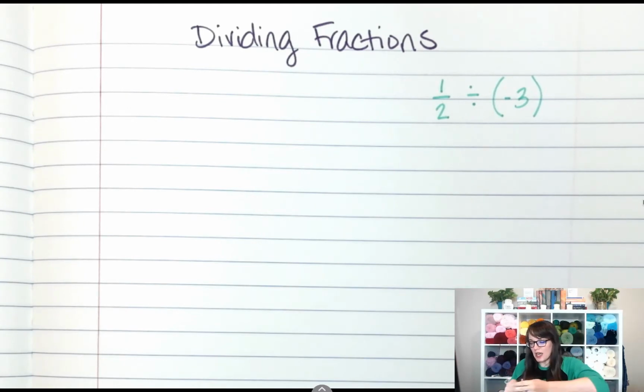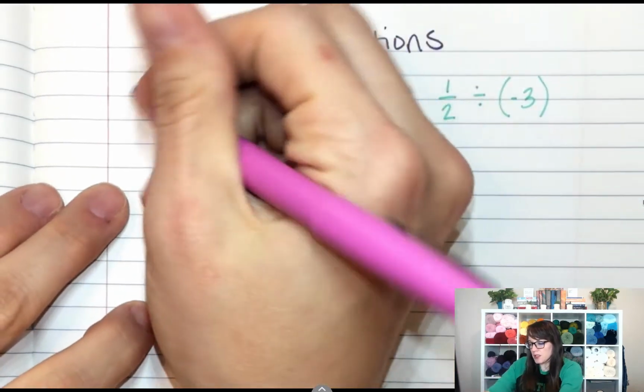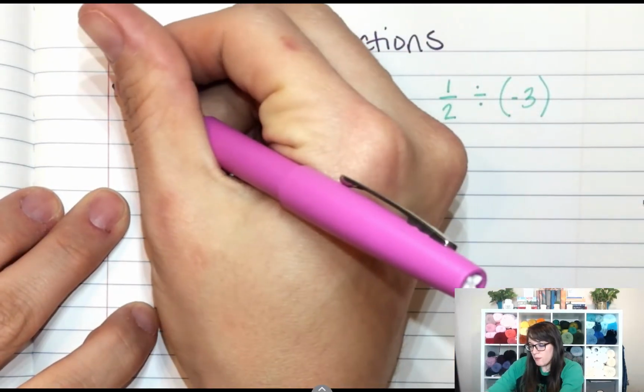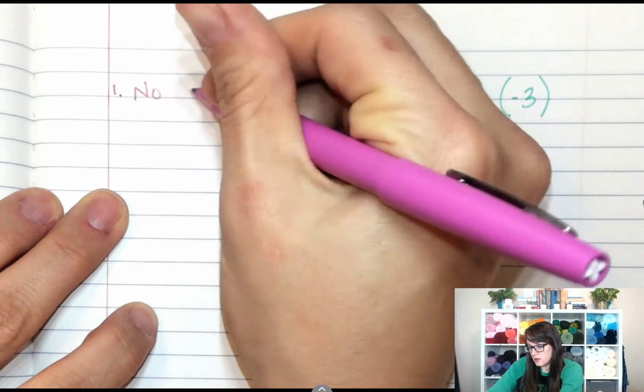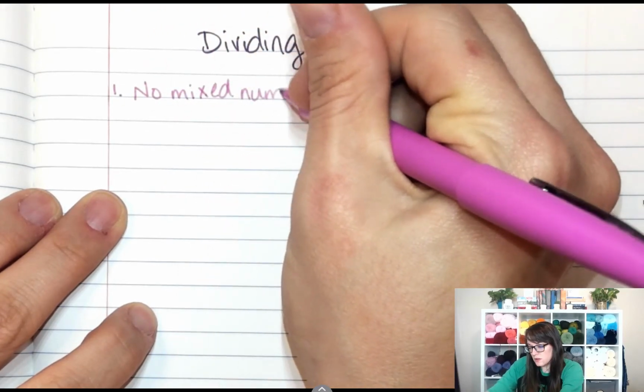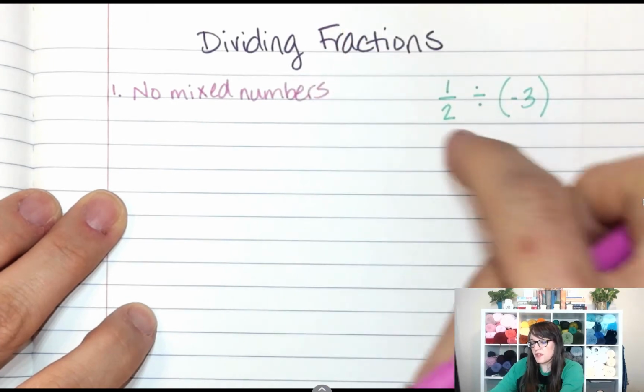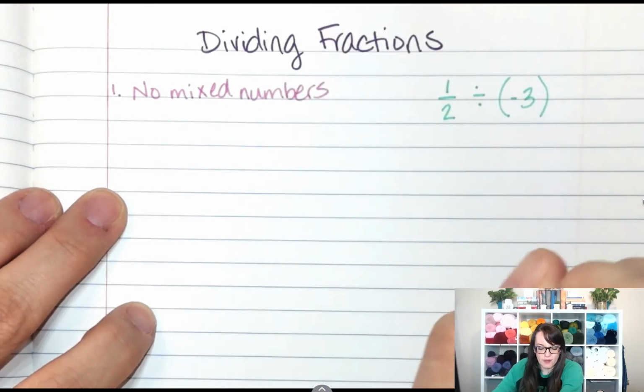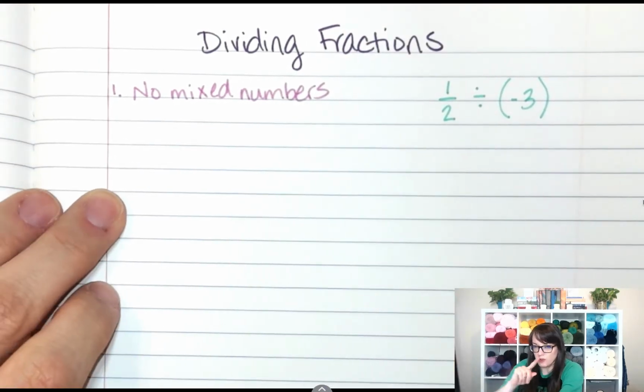So the first thing I want to do is make sure I have no mixed numbers. If this was 1.5, I would want to make sure I fix that. We'll do one of those in a minute.